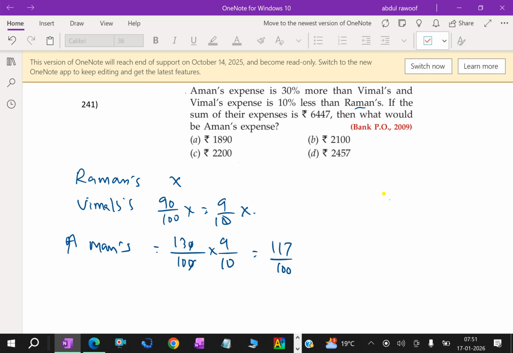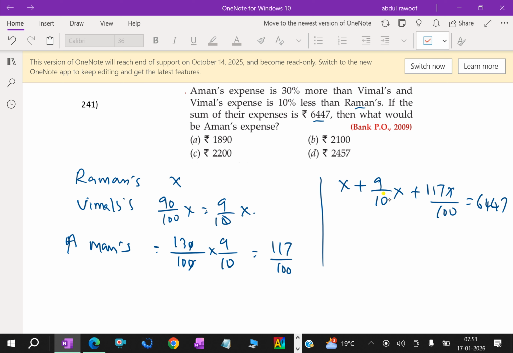Here the given is the sum of their expenses. Therefore, the total: x plus 9 by 10 x plus 117x by 100 is equal to 6447.